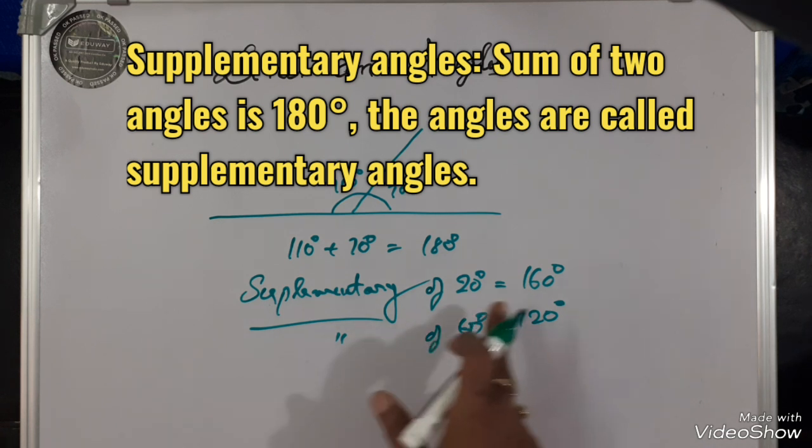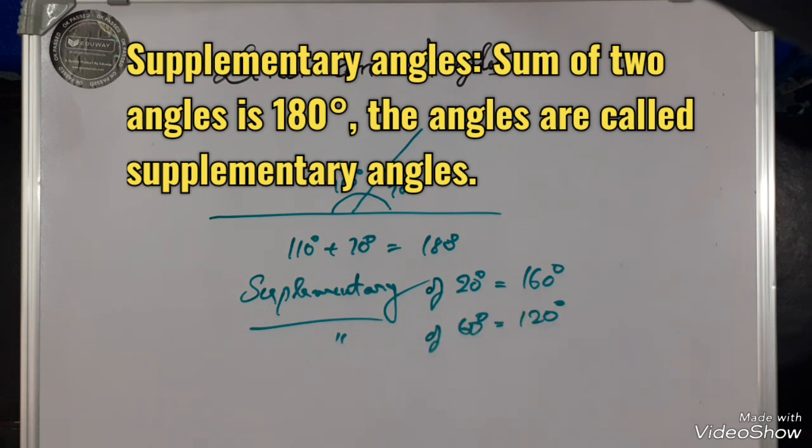One more example, 90 plus 90, we get 180.